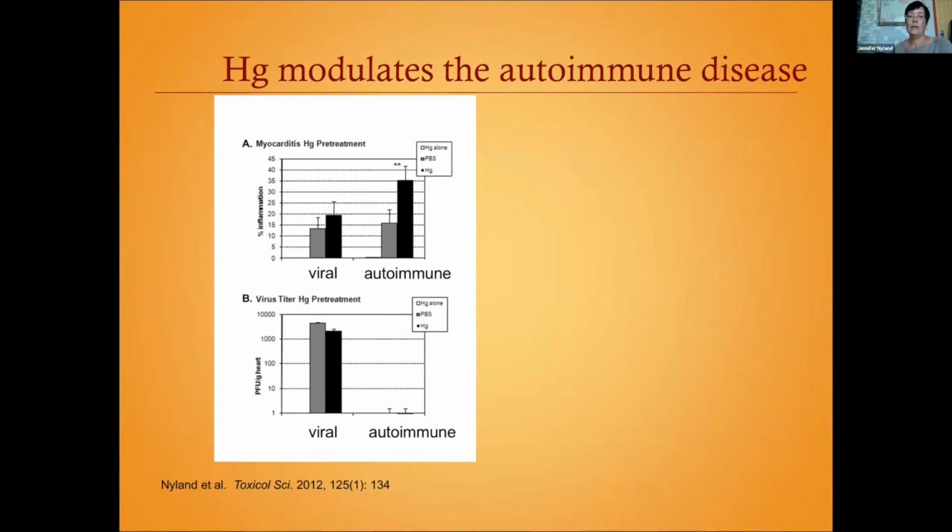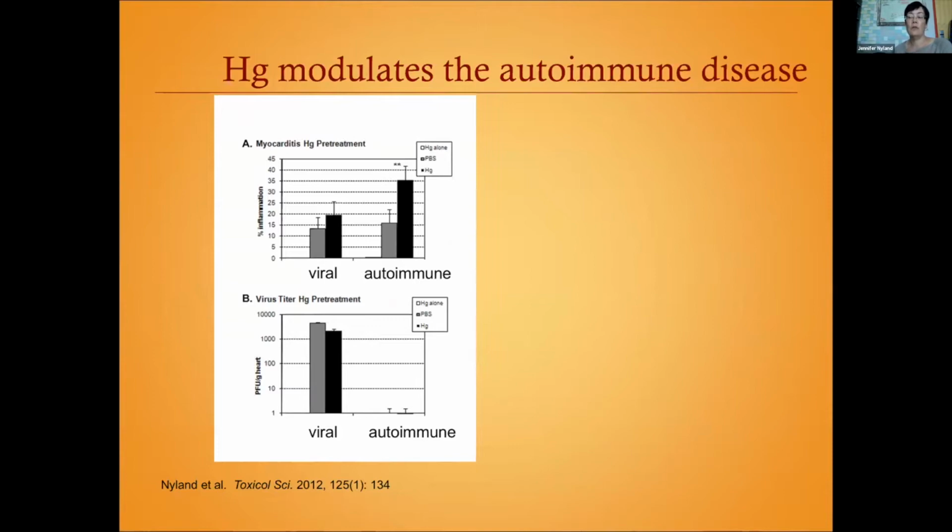We found that the mercury pretreatment, so before they received the virus, was sufficient to change the autoimmune, that later phase of the disease, but not the viral phase. So there was no impact on how much virus was there, how much it was replicating in the heart, or how much the immune system was responding to it and infiltrating the heart during that viral phase, that early phase.